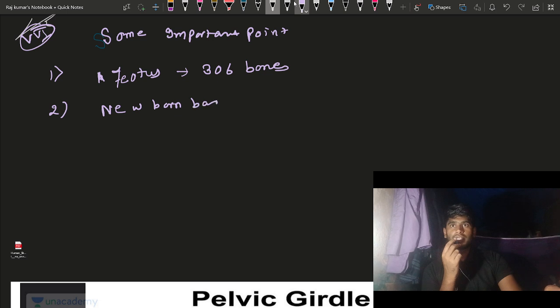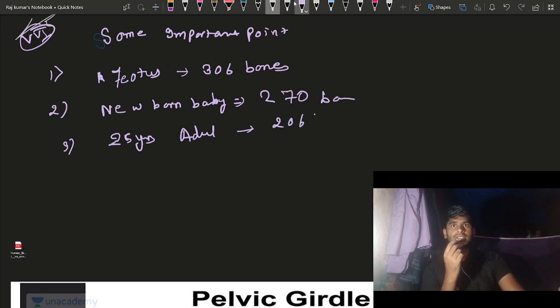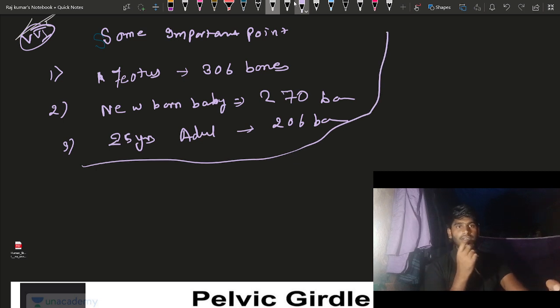How many does a newborn baby have? 270 bones. And third is a 25 years adult. So this has 206 bones. I hope you understood. This is a very easy concept, and you gotta remember this one.